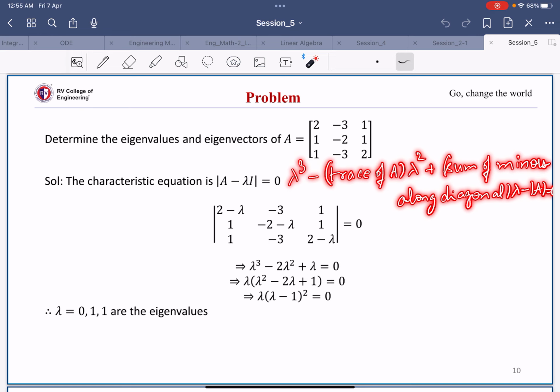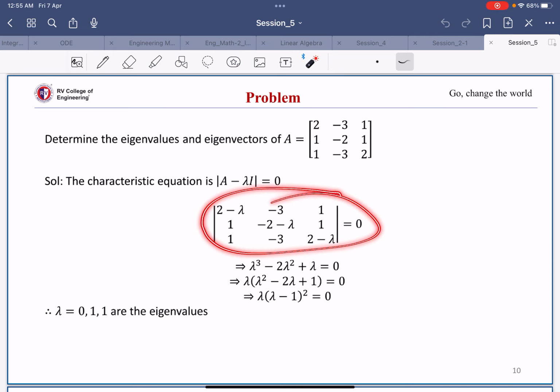So this is the shortcut to obtain the characteristic equation for a 3 cross 3 matrix. You can use this, or you can use the traditional way of expanding this determinant.